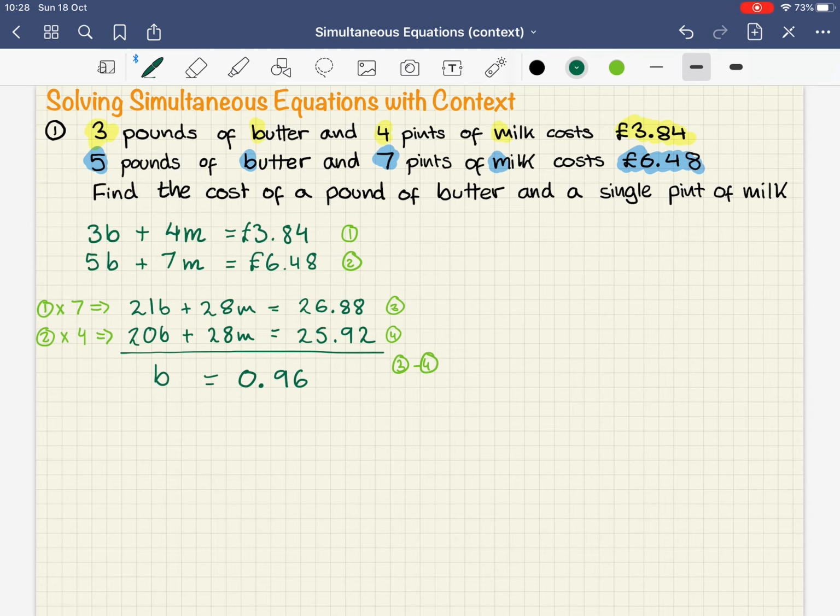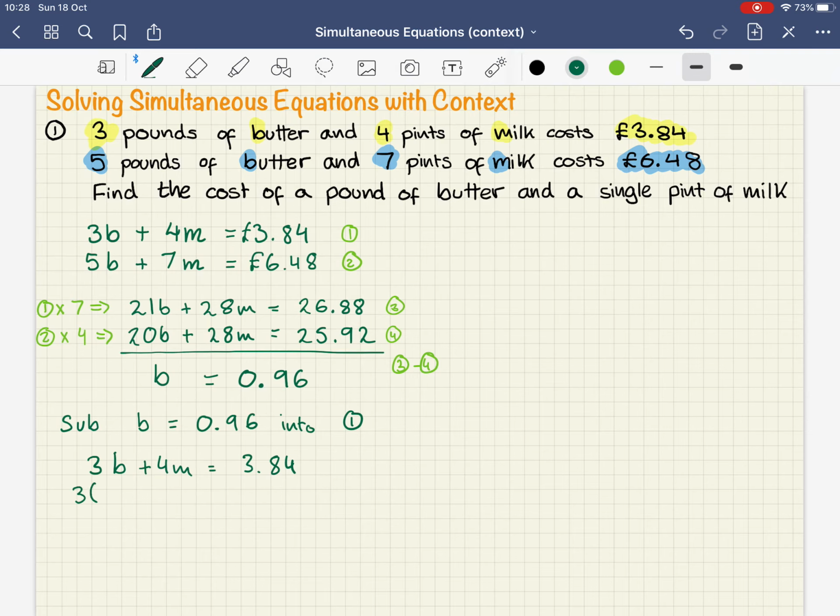So now I've got to take that and I've got to substitute it same as before. So I'm going to substitute b equals 0.96 into, I'm just going to choose equation 1. So I'm going to write out my equation 1 again of 3b plus 4m equals 3.84.